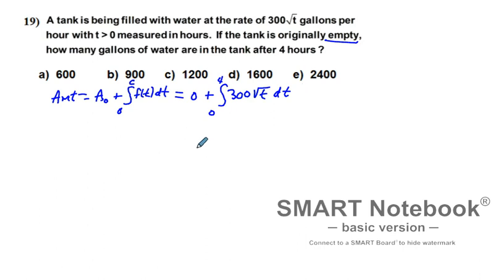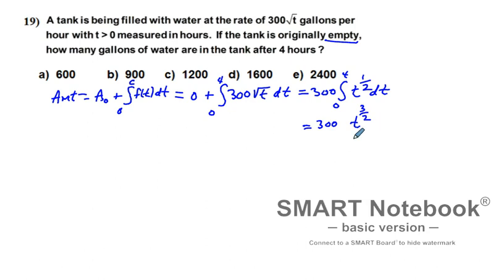So what we have here, I'm just going to put the 300 outside here. 300 becomes the coefficient of the integral of t to the 1/2 power dt, and we're going from 0 to 4. Let's go ahead and put this in here. I'm just going to work below. We have this 300, and then we have t, and add 1 to that, so 1/2 becomes 3/2.